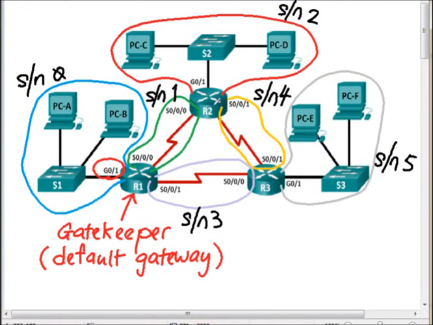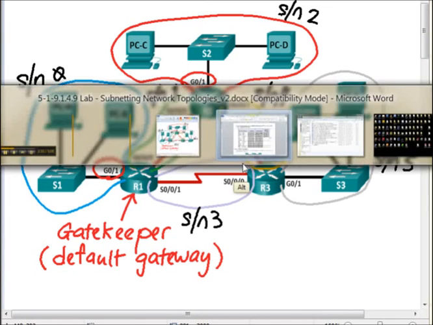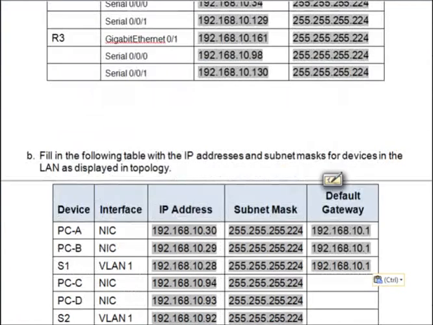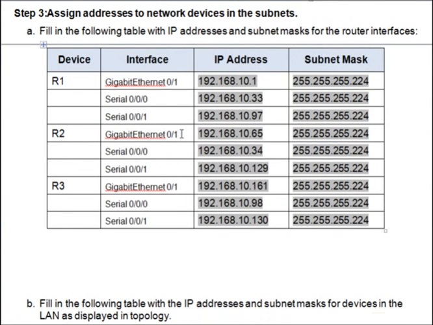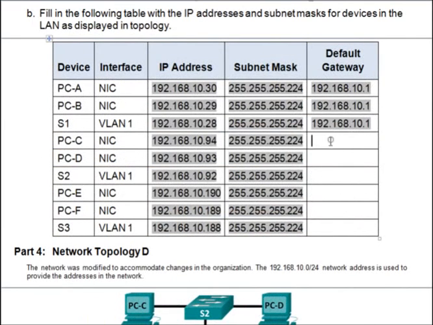For PCC, PCD, and S2, the default gateway is through R2, and the interface is G0/1, also of R2. Let's take a look at G0/1 of R2. In this case, it is this address over here, 192.168.10.65. So let's put this as our default gateway. And the last default gateway is for PCE, PCF, and S3.